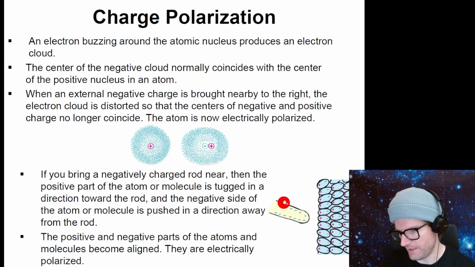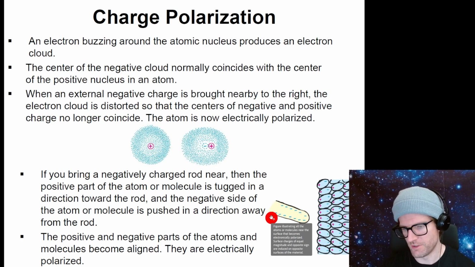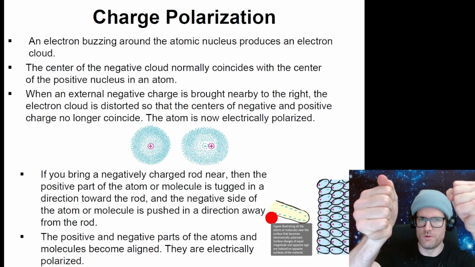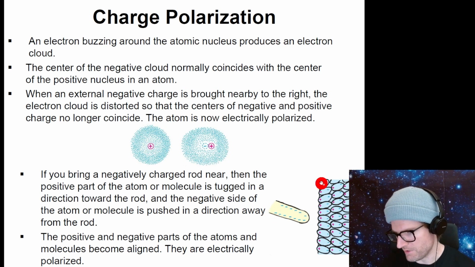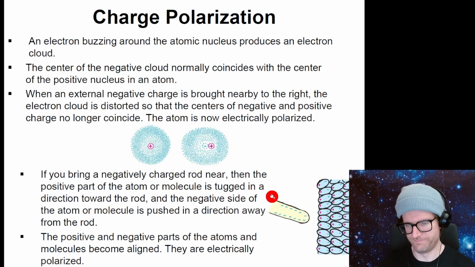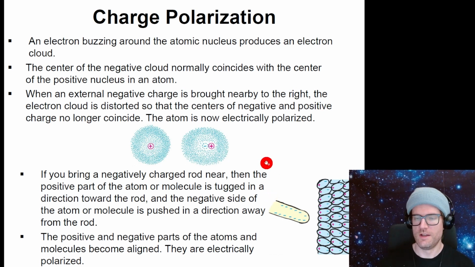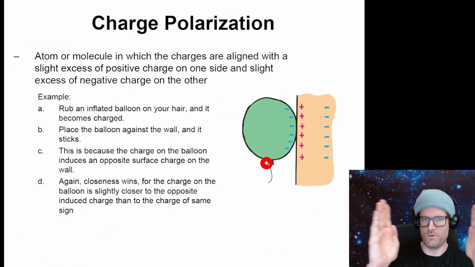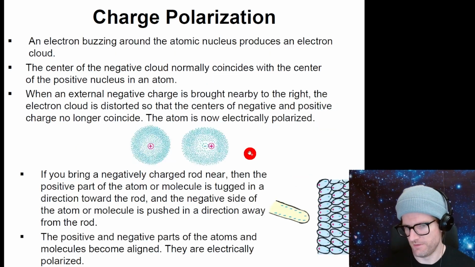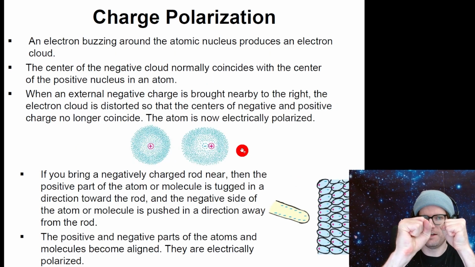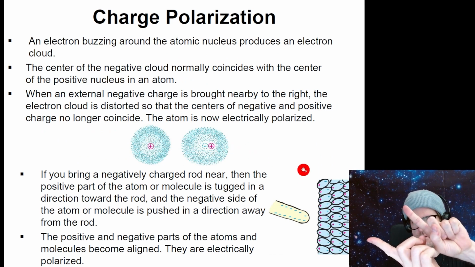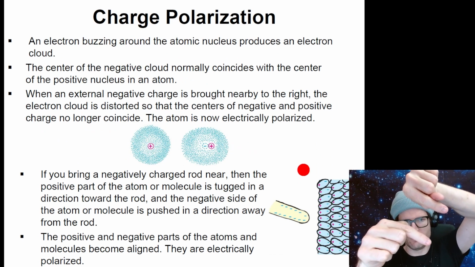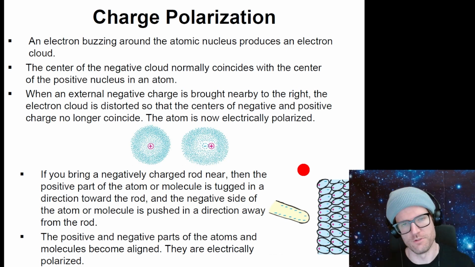If we bring a negatively charged rod nearby, the positive charges are going to rotate toward the rod and the negative charges are going to rotate away from the rod. Because they're all lined up like this, that's called charge polarization. So the wall, when we separate the charges, that's charge polarization. When we offset charges in a hydrogen atom, that's charge polarization. When we get these atoms lining up because of a charge nearby, that's also charge polarization.